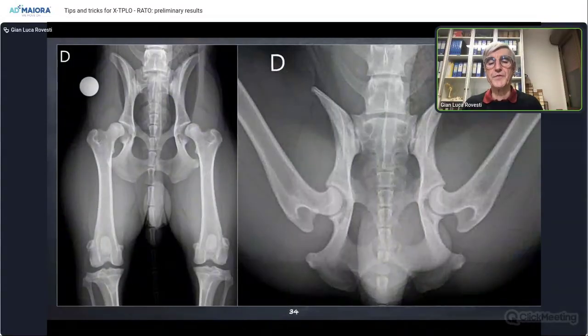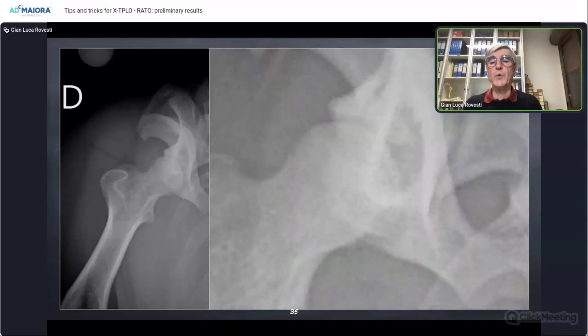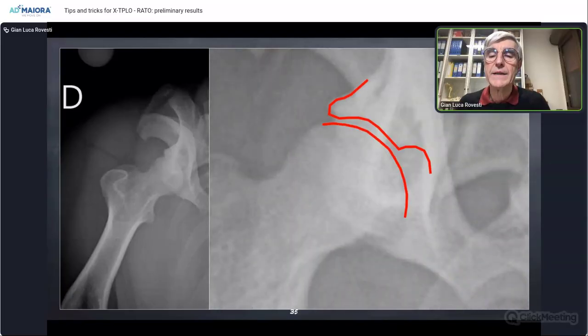So this kind of situation with good borders. In order to evaluate the filling, I will evaluate the acetabular part and the femoral head part, and I will evaluate this distance, in order to understand if there is a good indication for this procedure.